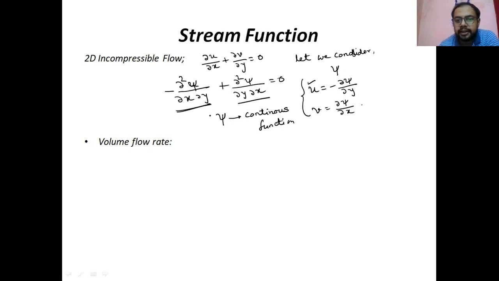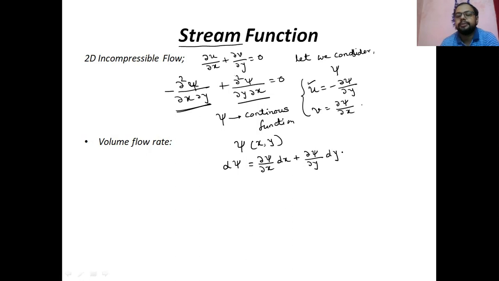So we have defined a function that is continuous. But why is it called the stream function? For that purpose, we consider that psi in the Cartesian coordinate depends on x and y. So how can we write the change in the function, d psi, in partial differentiation form? d psi is equal to del psi/del x dx plus del psi/del y dy, as it is a function of two variables.